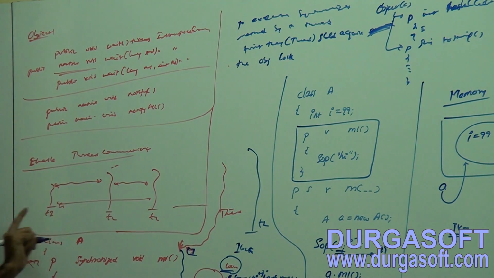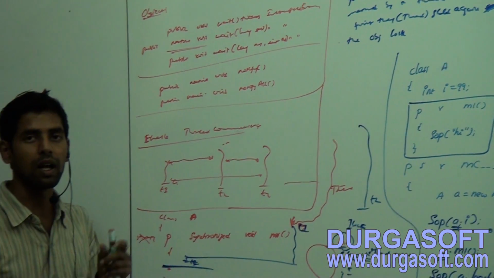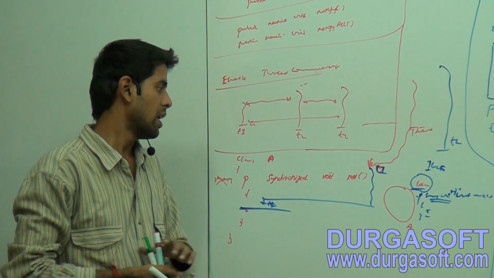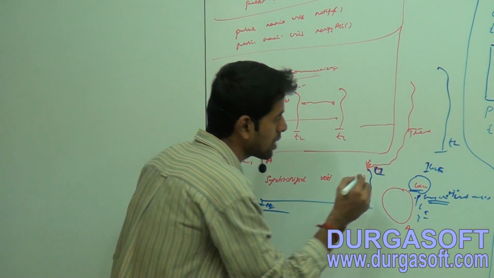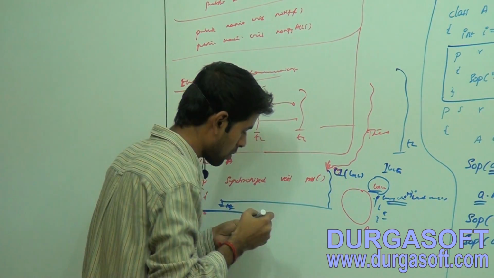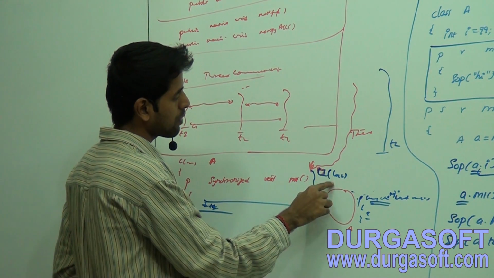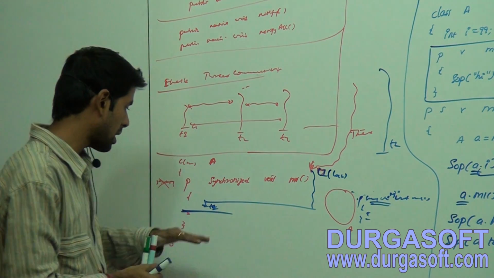First the object lock must be available and should be acquired by the thread to execute a synchronized method. This T1 thread acquired the lock. Now the lock is not available here; only one lock is available, and it is with T1, which is in the middle state.